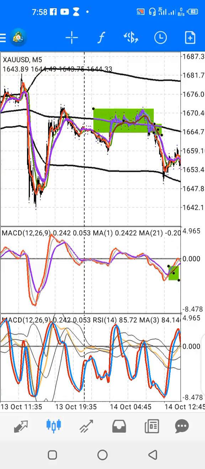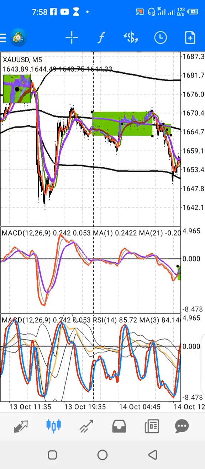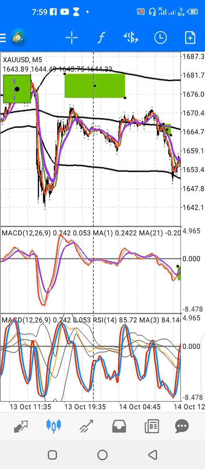But for this strategy, the lower band is your support area. The upper band is your resistance area. At times, price will get to the resistance area and drop. And at times, it gets to the resistance area and breaks it and starts to go up. And at times, it will get to the support area and bounce up, like we have here.